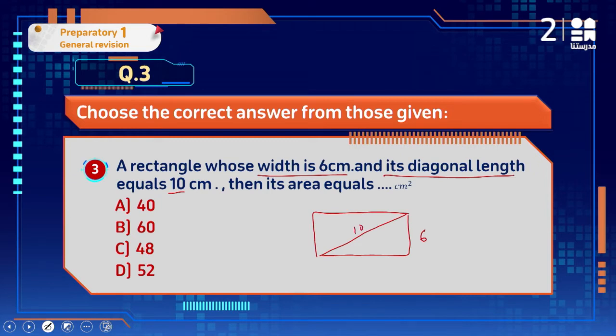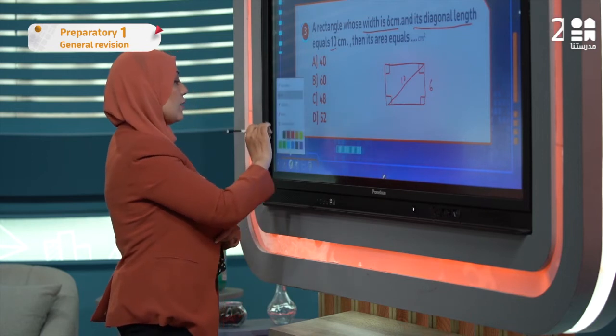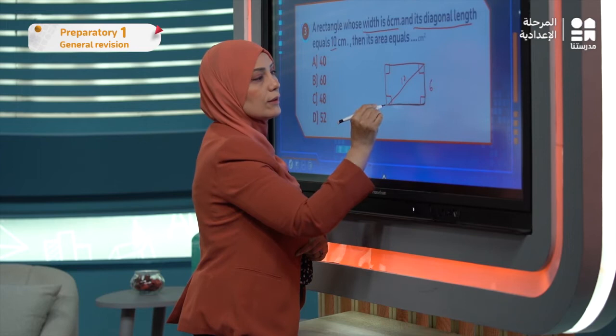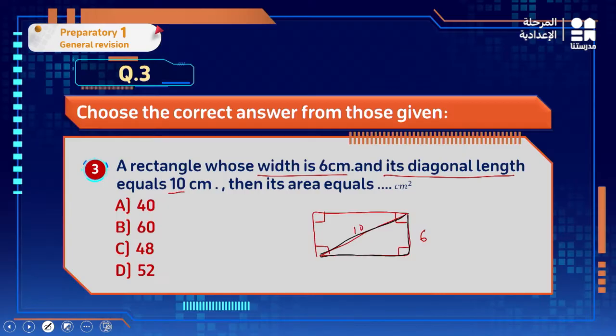How can we find the area of it? As we know, each angle in the rectangle is 90. So actually we can apply the Pythagoras theorem on this triangle, the black one. The hypotenuse is opposite to 90, so it is given, which is 10. The diagonal in the rectangle represents a hypotenuse on the black triangle.